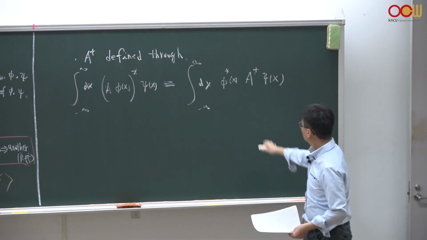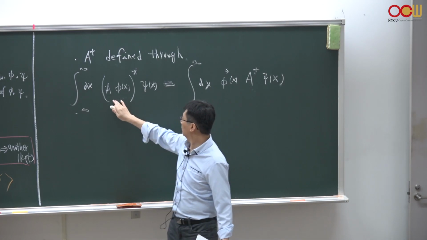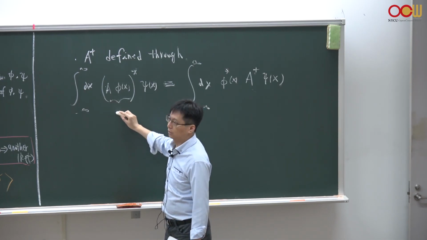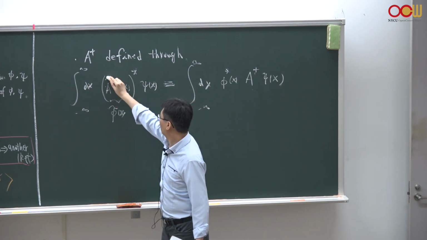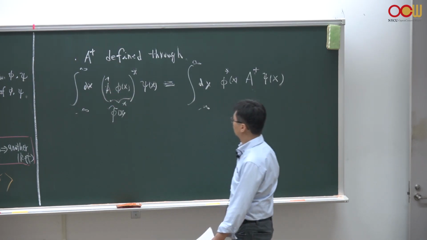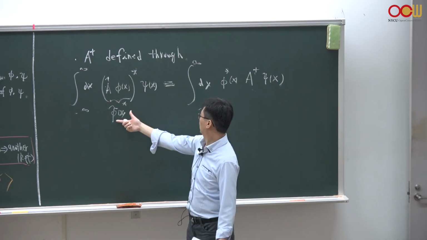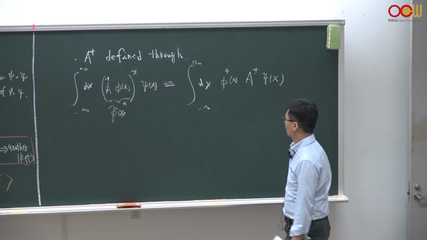So A dagger is defined through this kind of overlap integral, which is the overlap between some wave function, which I call phi theta, made of this A operator acting on phi. I take the star and make a product between phi theta star and psi.